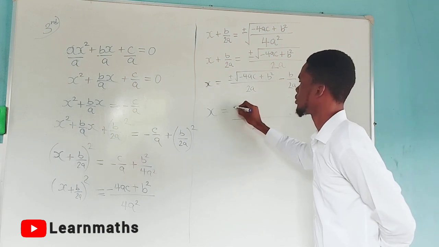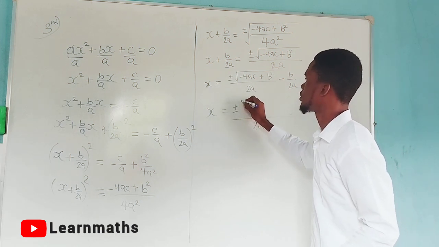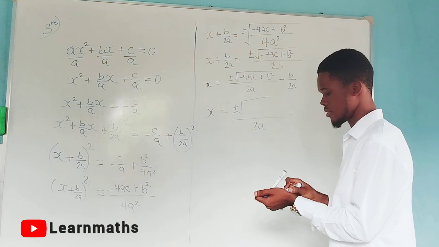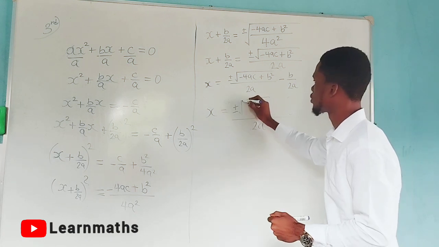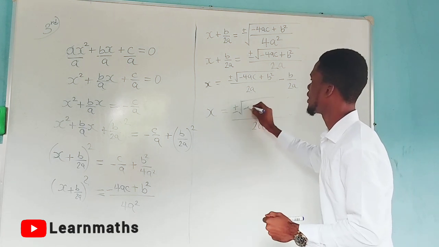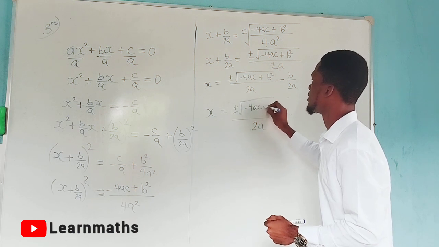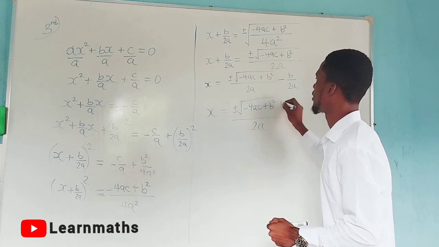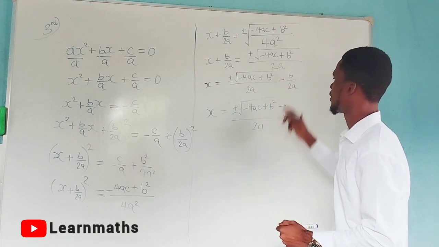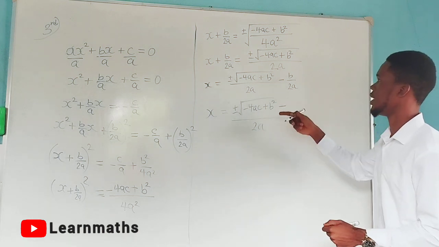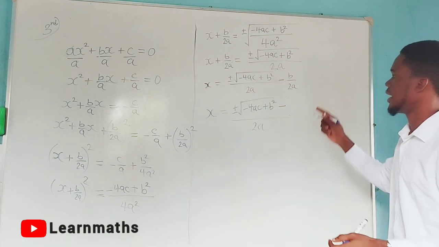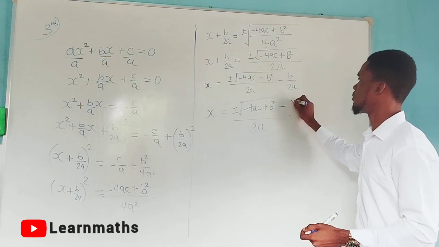So I'm going to have plus or minus the square root of negative 4ac plus b squared minus, now 2a divided by 2a is 1, right? Now 1 times b.